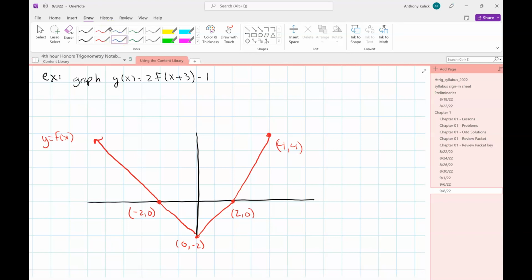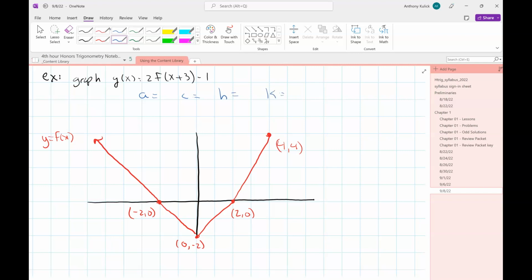So let's say that we have our parent function here defined as f of x, only defined with the graph, and say we want to graph the resultant function g of x that's equal to 2 times f of x plus 3 minus 1. I'm still going to want to start by identifying the values for a, c, h, and k.